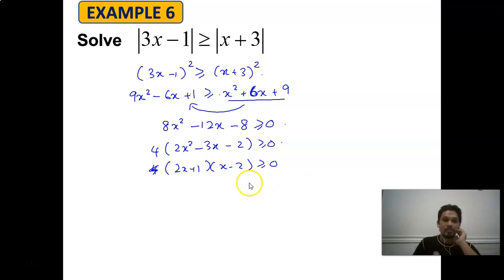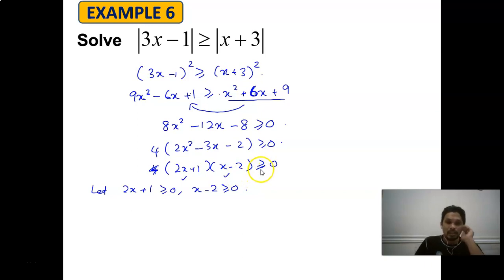Okay, so using graph, we assume these two are positive. We let 2x plus 1 greater than or equal to 0 and x minus 2 greater than or equal to 0. No matter what sign we have here, whether greater than or equal, greater than only, less than or equal, or less than only, we just assume that these two factors are positive.